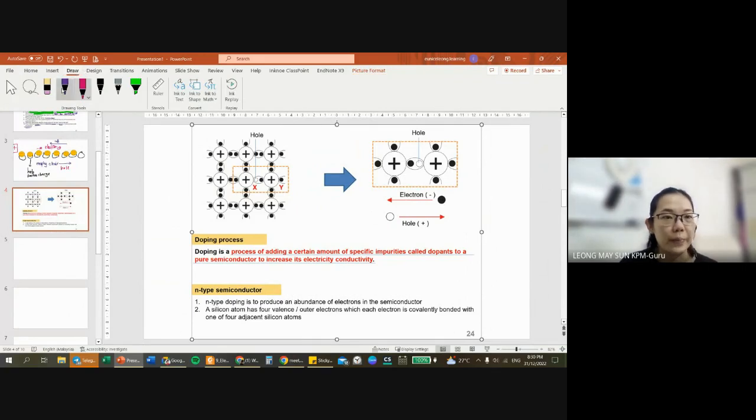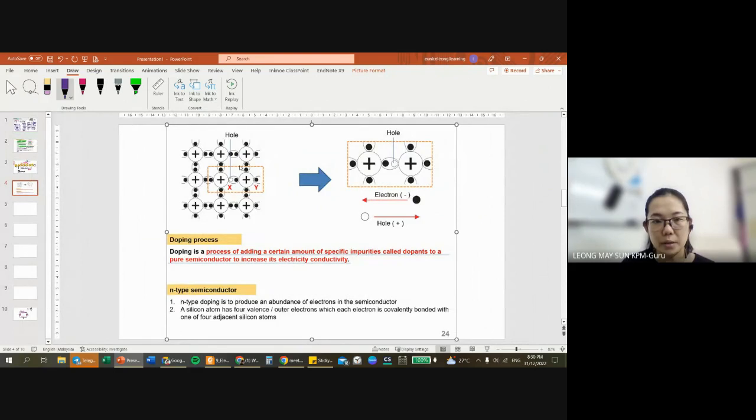Used too much already. Okay, so over here, this is what happens. Initially at the covalent bond, there's an electron over here, but this electron moved out when the temperature increases. The electrons receive enough energy to break free from the covalent bond, leaving an empty space at its original position. That empty space is what we call a hole.